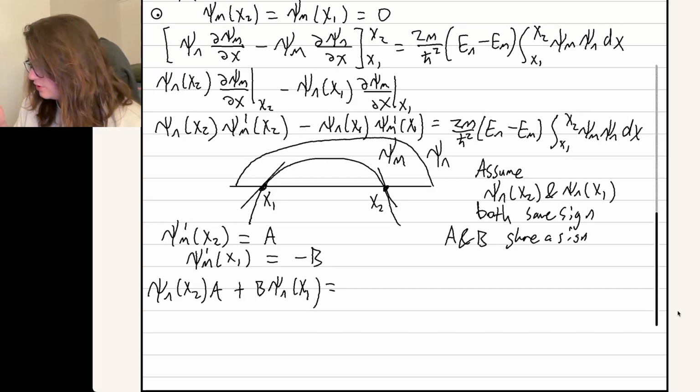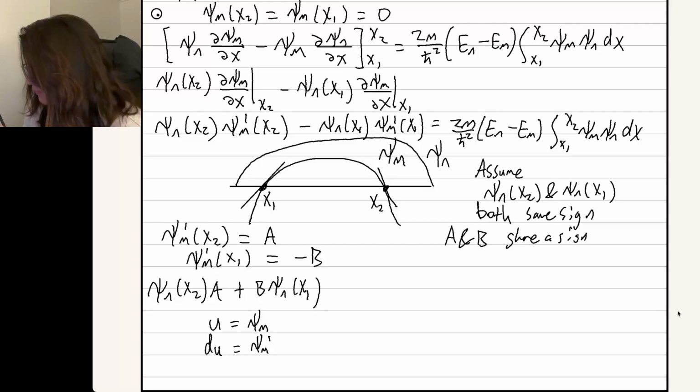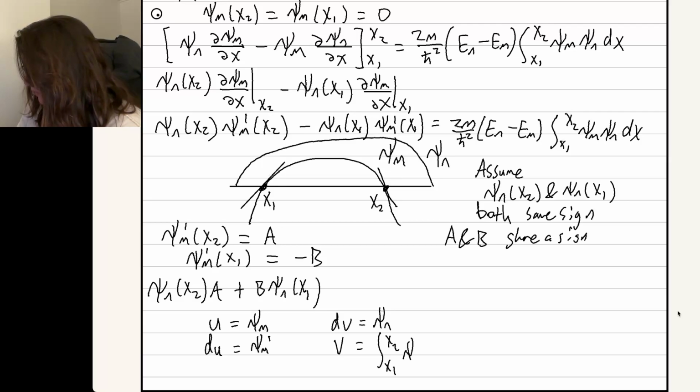But then on the right-hand side, we're going to do something weird. Instead of writing it out, let's start doing an integration by parts on it. So we're going to do u equals psi m, and du equals psi m prime, going with the notation. We'll have dv, we're choosing psi n for that, and then v will be the integral from x1 to x2 of psi n.